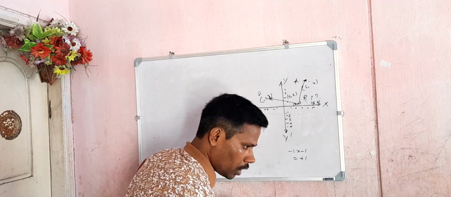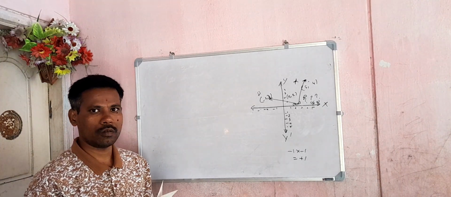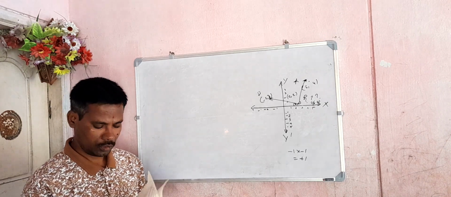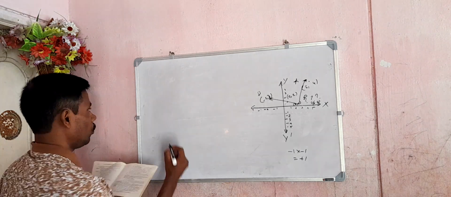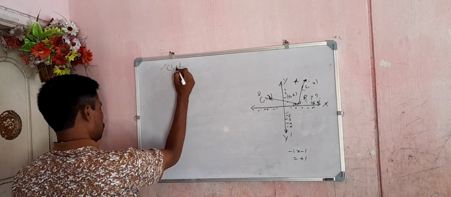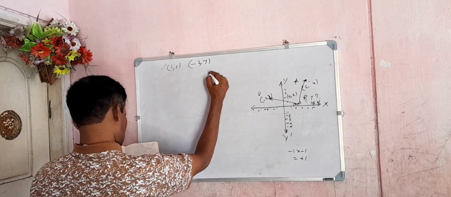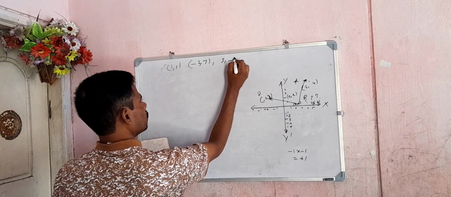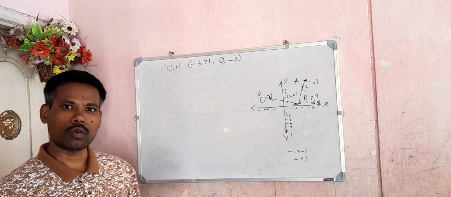Because distance formula, we have done so many problems. I did not solve because it will take a lot of time. So just I will explain the models. You should do by yourself. They are giving like this: 1, 1, minus 2, 7 and 3, comma, minus 3. Prove that the points are collinear.